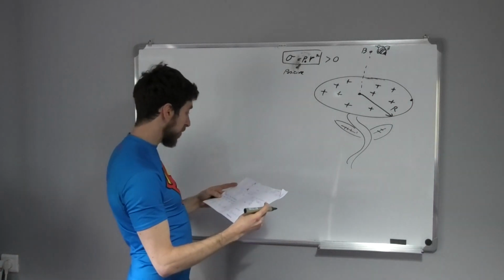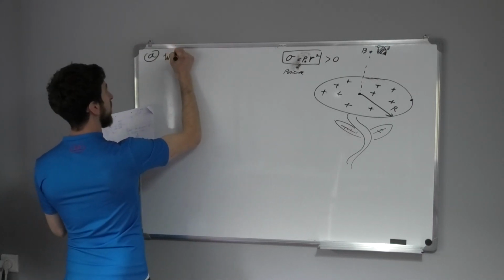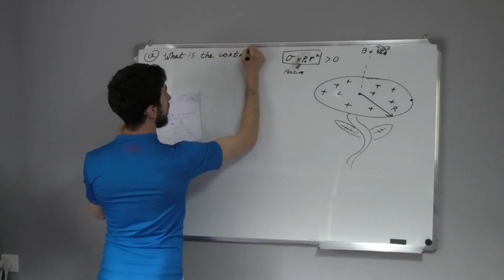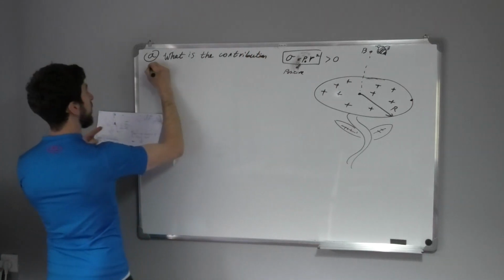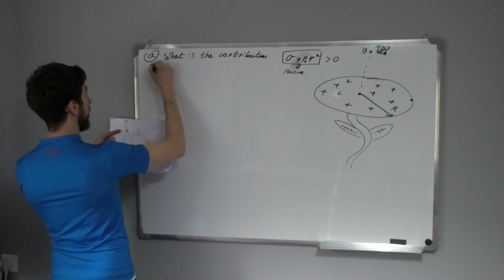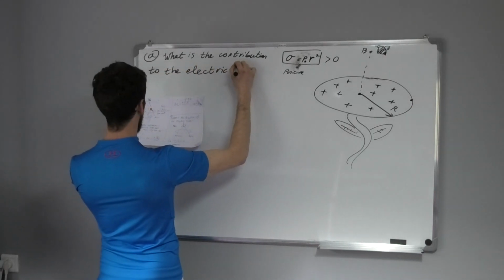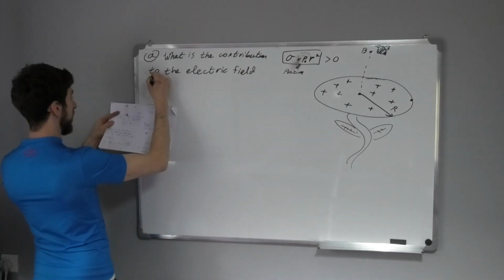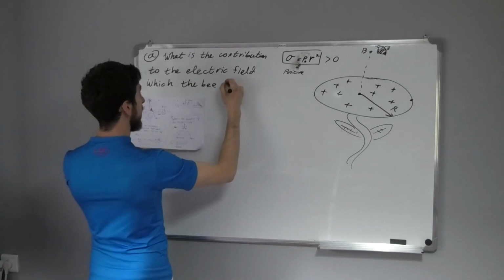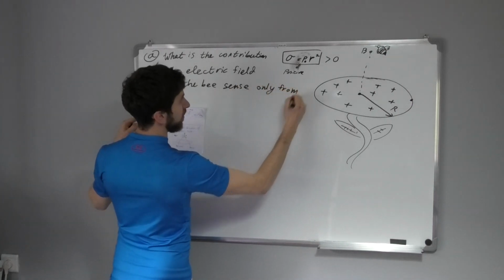Perfect. And the first question is going to be: what is the contribution to the electric field which the bee senses only from dq?